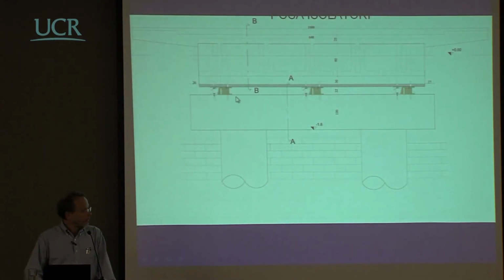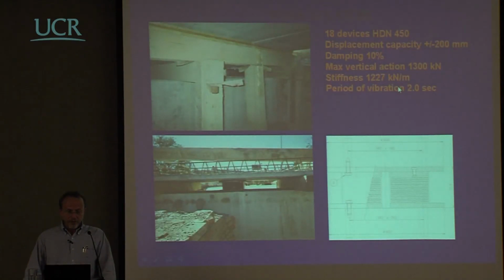And this, I'm sorry, is not very clear, but these are the three isolators there. These are very standard rubber isolator devices, with a displacement capacity of plus minus 200 millimeters and 10% damping, because the rubber used had relatively high damping, but not so high. You could go up to 17%.